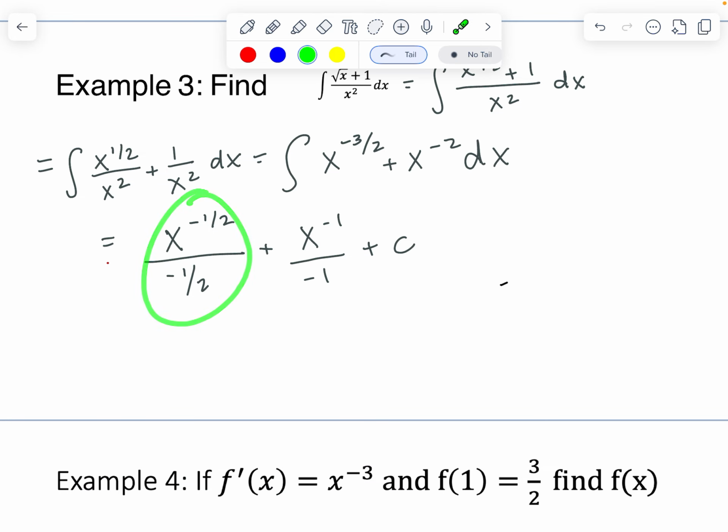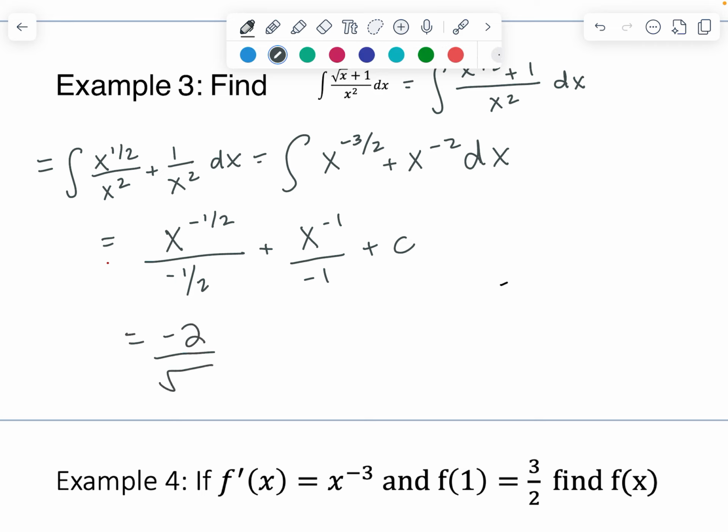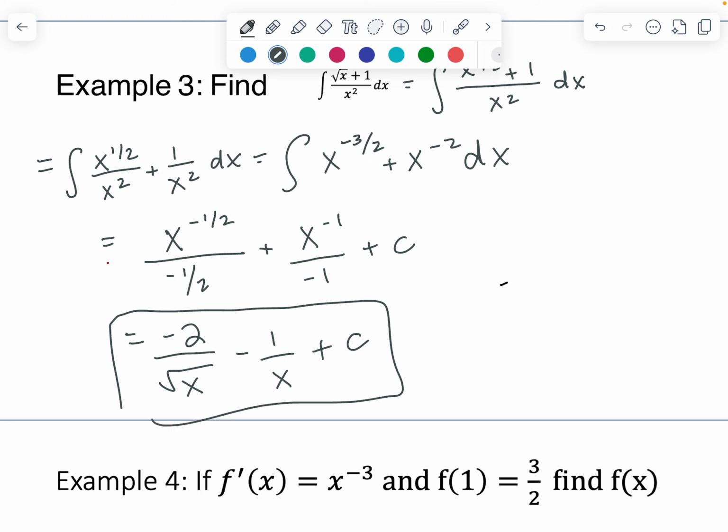If I want to simplify it, this turns into negative 2 over the square root of x, and this turns into negative 1 over x plus c. And that is the answer for this one. The hardest part about this one is all of the algebraic exponential rules that we have to use. I think we have one more problem, so we'll do this problem next.